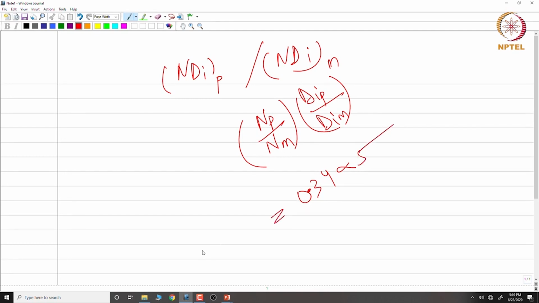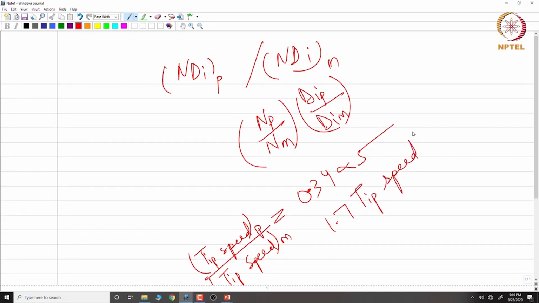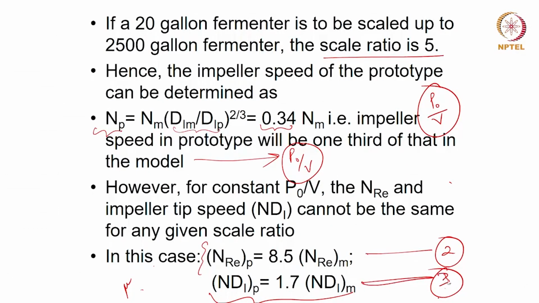This is the ratio of the tip speed at the prototype and the impeller tip speed at the model type. So if you need to find the relationship between them, this comes out to be 1.7 times tip speed at the model type will be your impeller tip speed at the prototype. This is what has been shown here in equation 3 and equation 2.